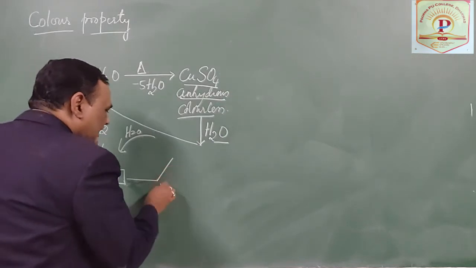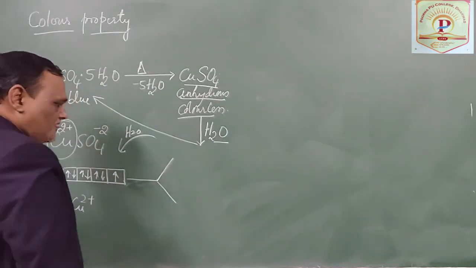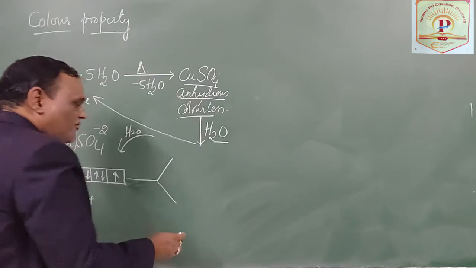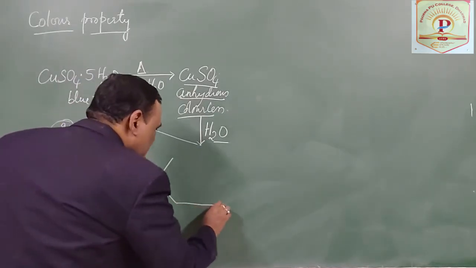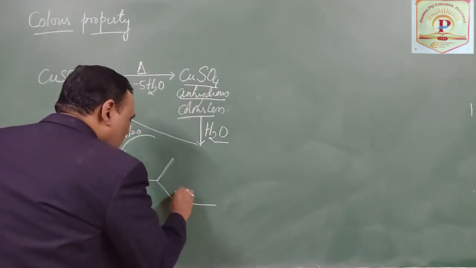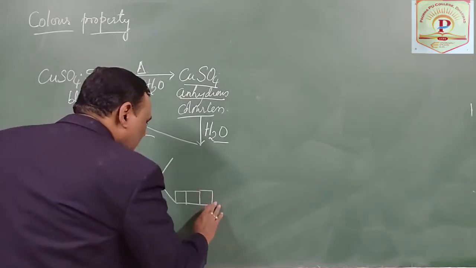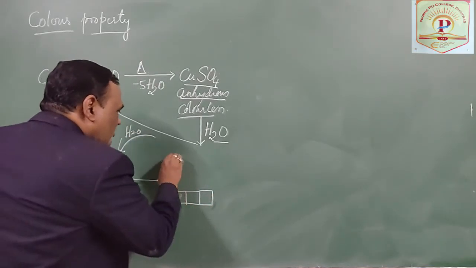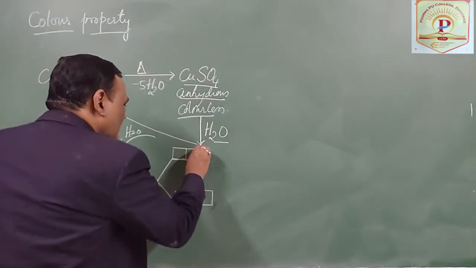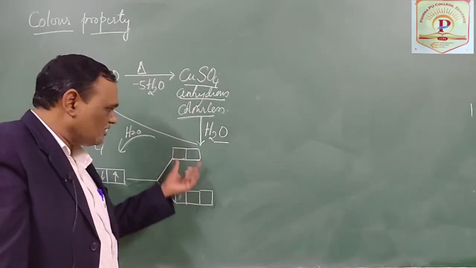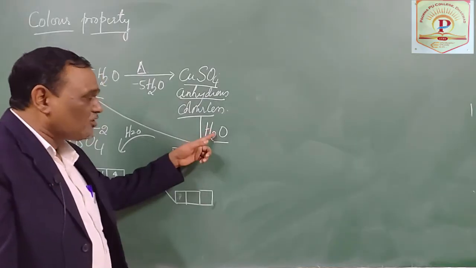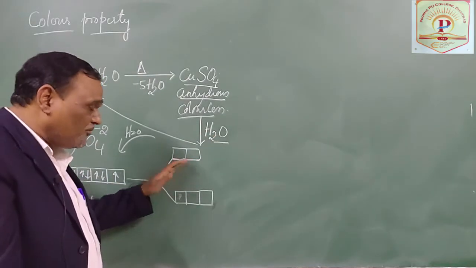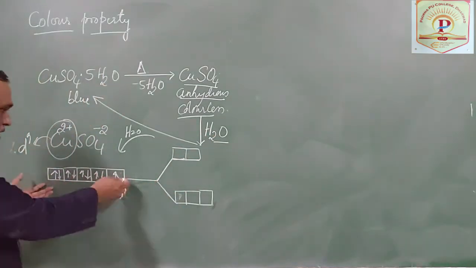One is a higher energy set and another is a lower energy set. In the lower energy set there are 3 d orbitals, and in the higher energy set there are 2 orbitals. These 3 are equal, these 2 are equal after addition of water. But before addition of water, all the 5 are equal in energy.